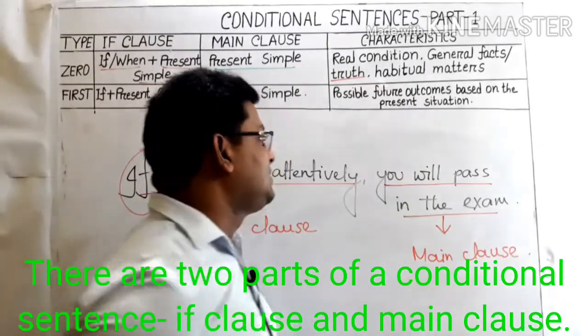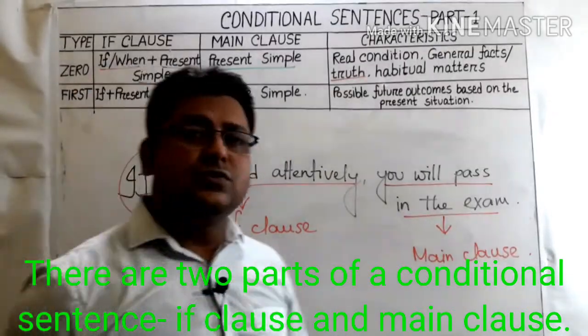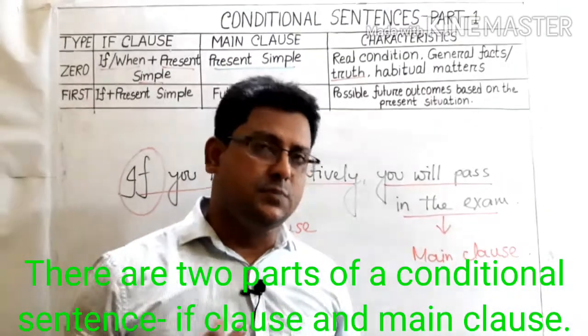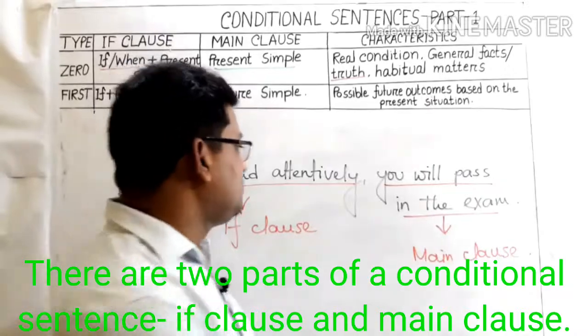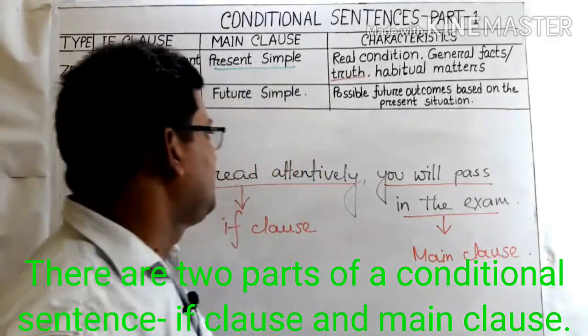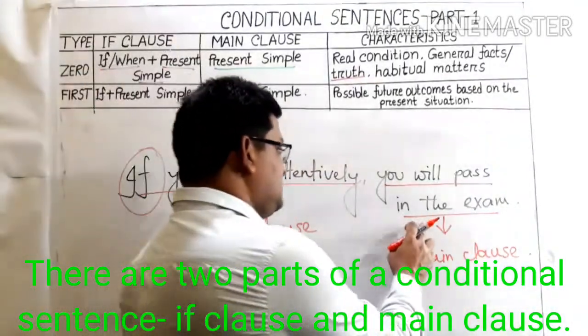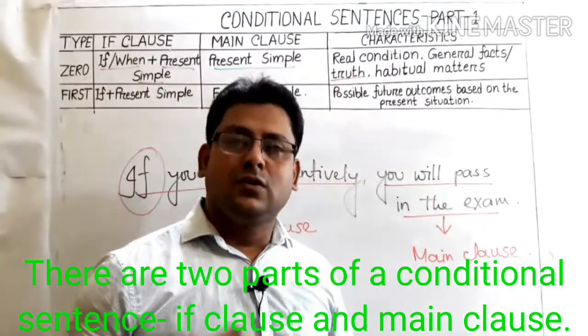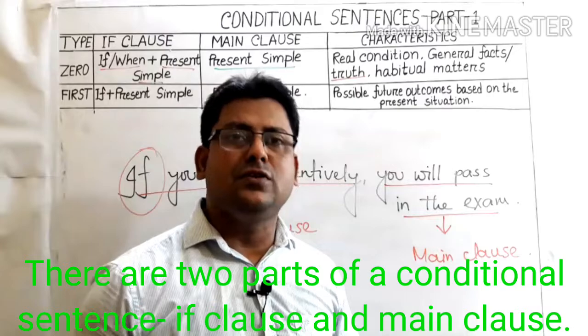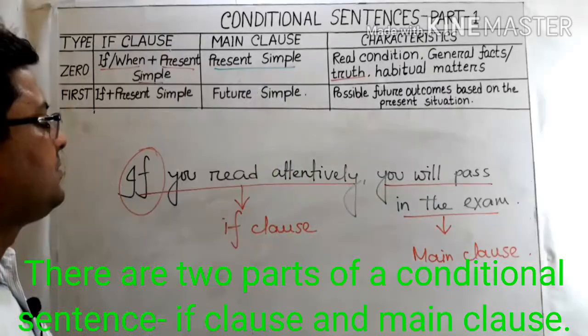As this clause is able to express its meaning independently, that's why we call it the main clause. This main clause shows the probable result of the condition when the condition occurs.